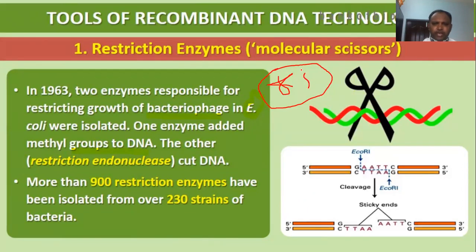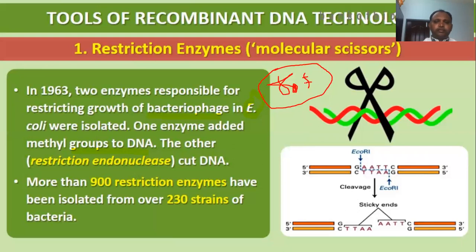This is the viral DNA, and this is the bacterial DNA. These cells contain two enzymes. One enzyme adds a methyl group to the bacterial DNA, and another enzyme cuts and removes the viral bacteriophage DNA from these cells.